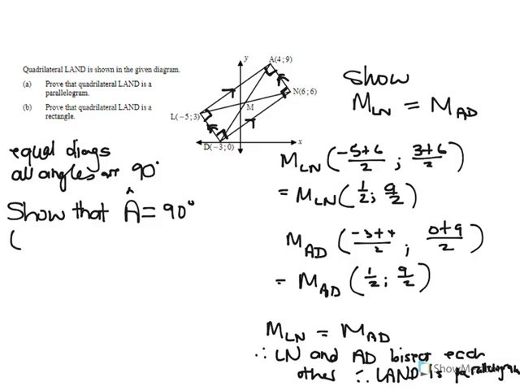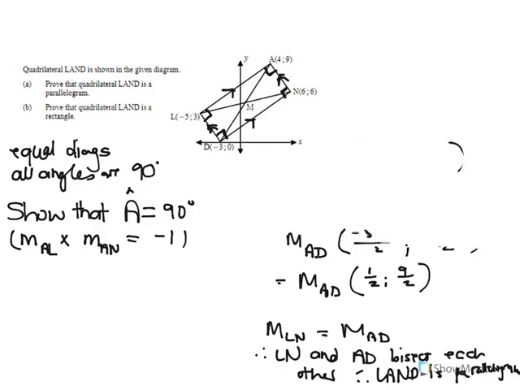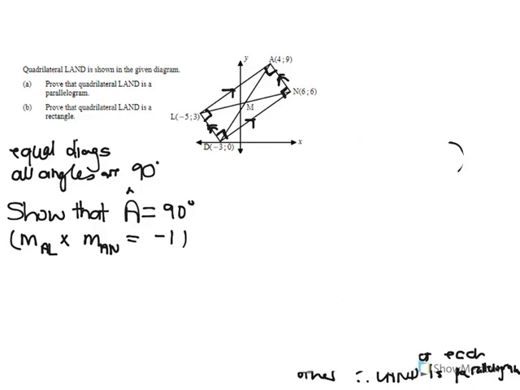And basically what that means is I need to show that the gradient of AL times the gradient of AN is equal to -1. I need to show that my two lines are perpendicular. And I think it's useful to start out a proof by setting that out for yourself. You know, what are you aiming to prove?